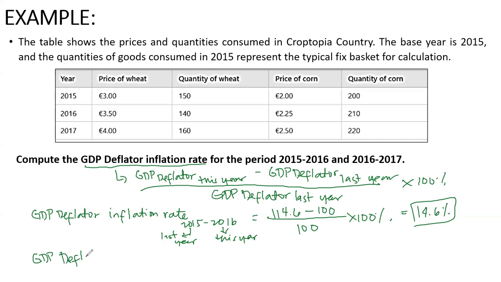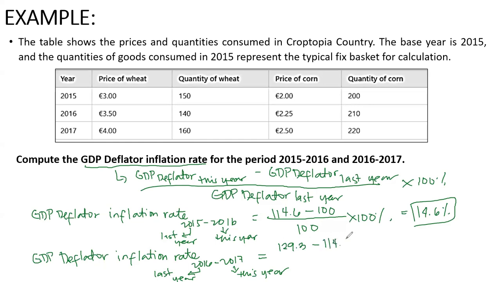However, for the GDP deflator inflation rate for 2016 to 2017, this time 2017 is our current year, while 2016 is our last year. So our GDP deflator in 2017 is 129.3 minus 114.6, which is the GDP deflator in 2016, divided by 114.6 times 100%.